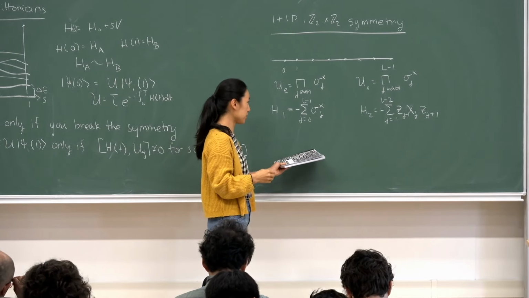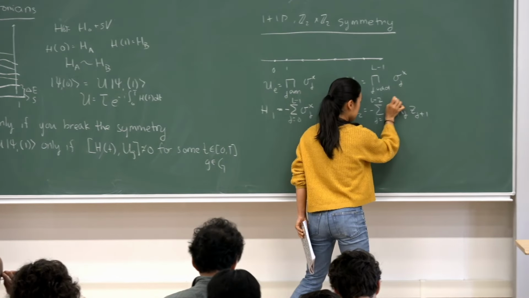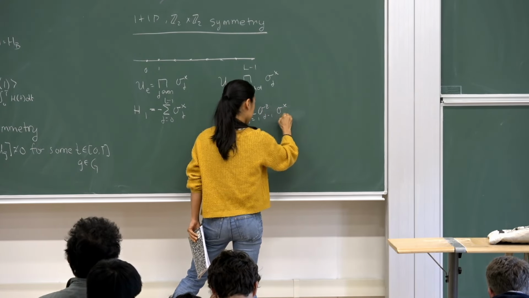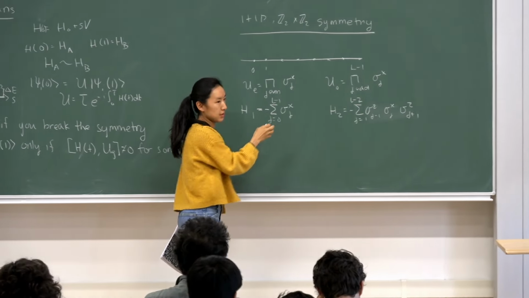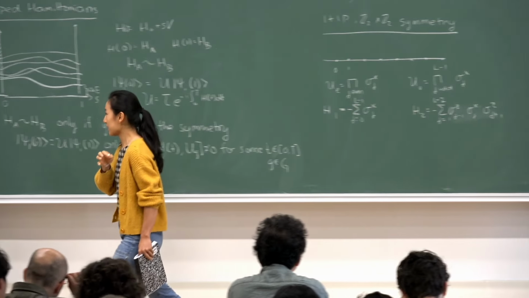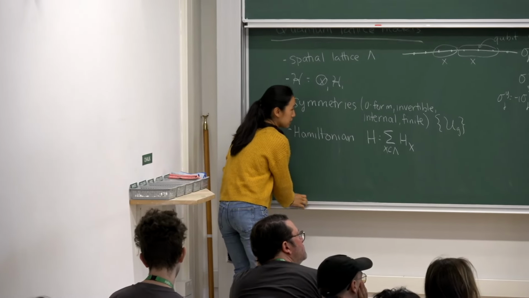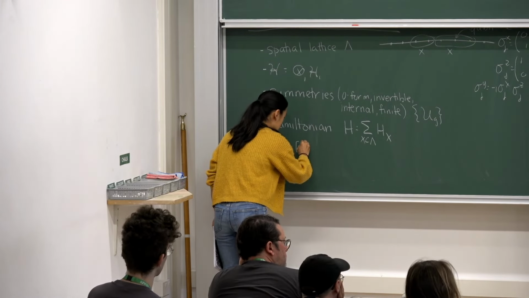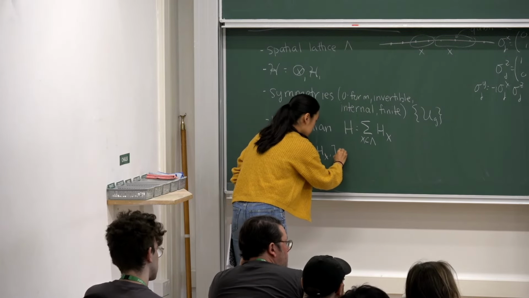You can check that both of these Hamiltonians commute with both of the symmetries, and they're the simplest possible case. There's a very nice class of Hamiltonians that Lawrence might have talked about that are commuting projector. These are not projector, but they're still commuting. That's when H prime equals 0.